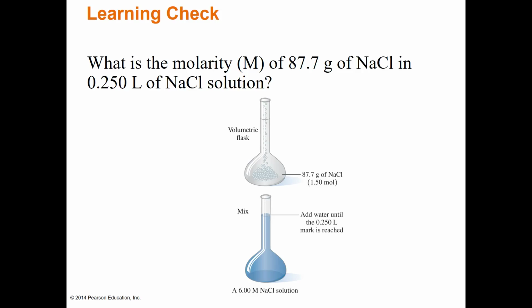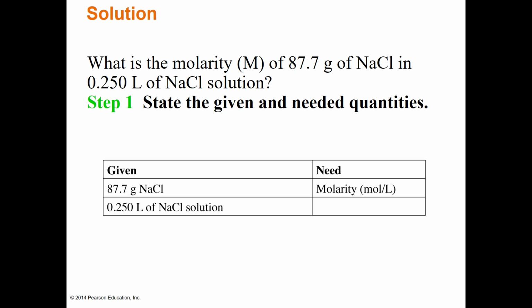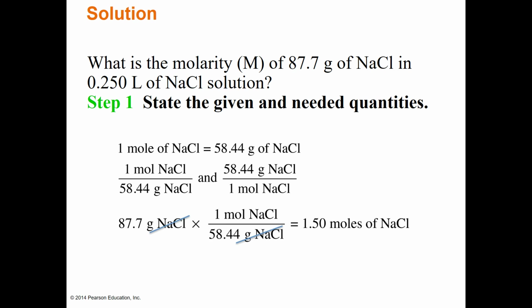So can we go to moles, starting with the 87.7 grams of NaCl? Yes, right? You can, and using the molar mass of sodium chloride, we would go to moles of sodium chloride. There's 1 mole. Grams and grams cancel out. 87.7 divided by the 58.5 is 1.499, which is 1.5 moles.